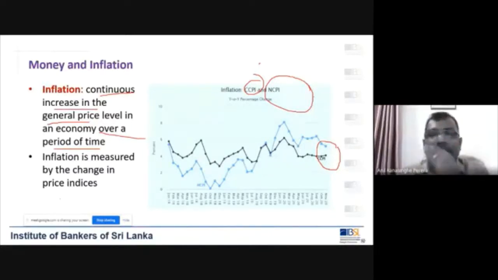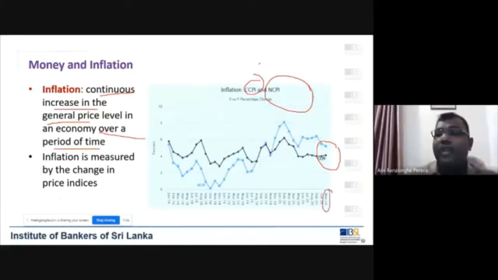And also there are various methods. As I said, you can calculate inflation on a month-on-month basis. You can see it on a year-on-year basis. Year-on-year means compared, for example, now this is November, you calculate inflation based on last November. So this point to this point.